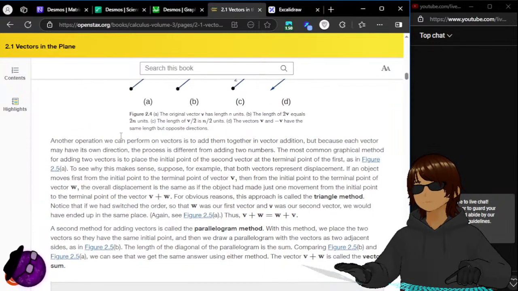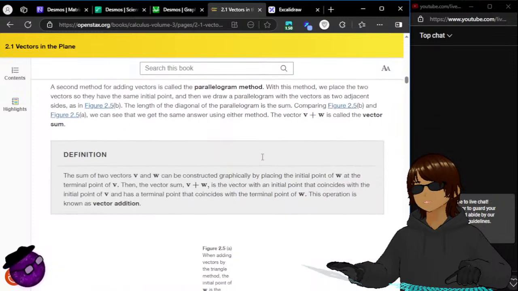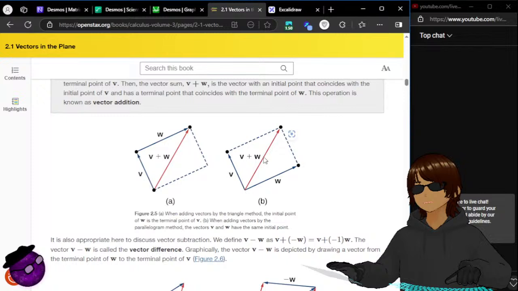Another operation we can perform on vectors is to add them together in vector addition, but because each vector may have its own direction, the process is different from adding two numbers. The most common graphical method for adding two vectors is to place the initial point of the second vector at the terminal point of the first, figure 2.5a.